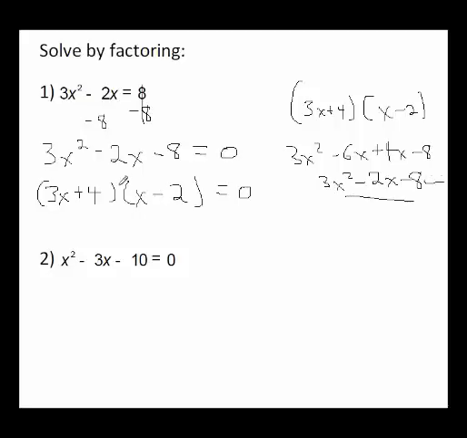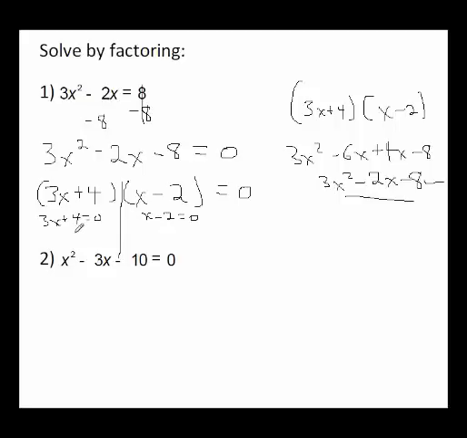Once you have this, now you can divide them. Each side is equal to 0. Since anything multiplied by 0 equals 0, the whole expression becomes 0 if either term is 0. So each one is equal to 0. 3x plus 4 equals 0, and x minus 2 equals 0. And so for this, you can solve it like you would any other equation.